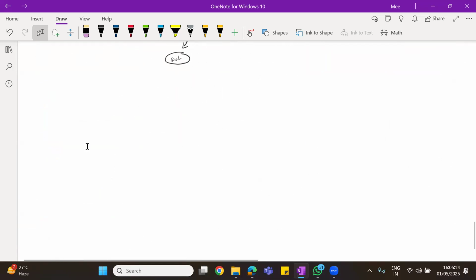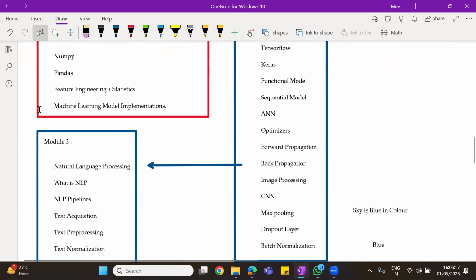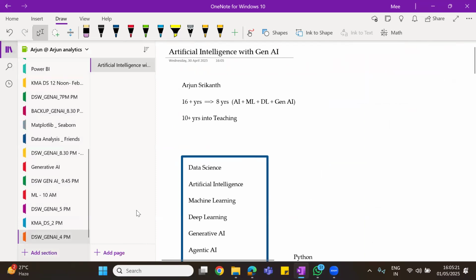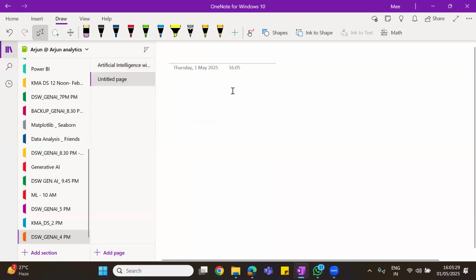Now we are going to see the major difference between them. We will understand what actually is AI, what is ML, what is DL, what is generative AI, and what is data science.